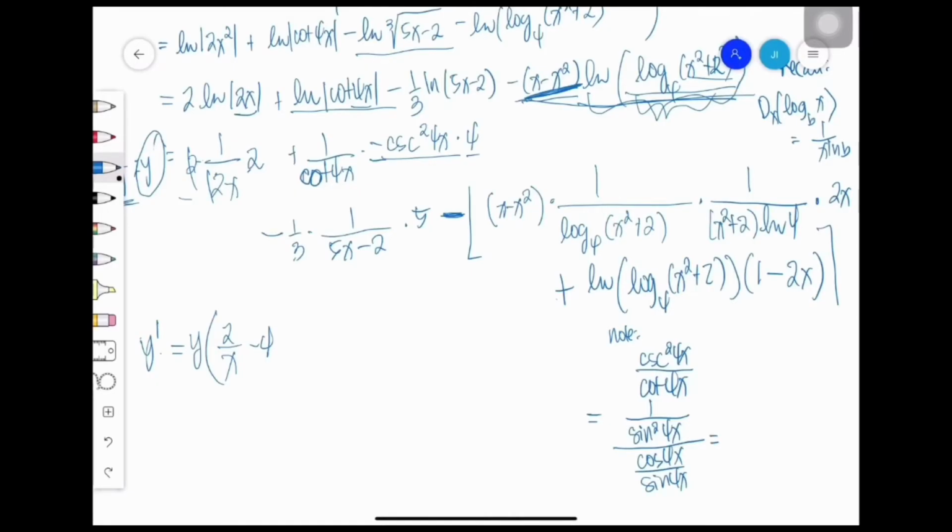This complex fraction becomes 1 over sine squared 4x multiplied by the reciprocal of the main denominator, which is sine 4x all over cosine 4x.